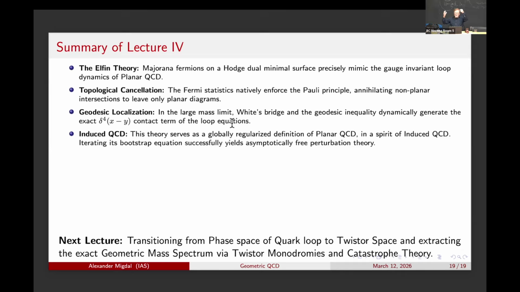You have a term A mu G mu, where G mu is the vector current of the quarks. So you have free fermions strictly restricted to the gauge invariant sector, free fermions with locally vanishing gauge currents. And that theory, if you integrate out fermions, produces this F mu effective Lagrangian, which makes this Lagrange multiplier A mu alive. That's the idea of induced QCD.